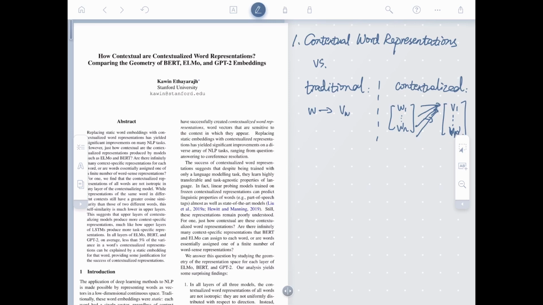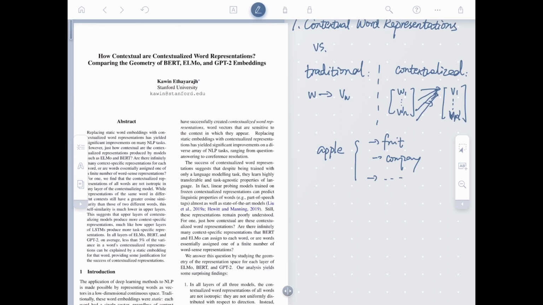Let's say, for example, the word apple. If you just say apple, it can mean different things. It can be the fruit, it can be the company, it can be a lot of other things. But if you put this word apple into some context, like an apple a day keeps the doctor away, then nobody is going to consider the apple here to be the name of a company.